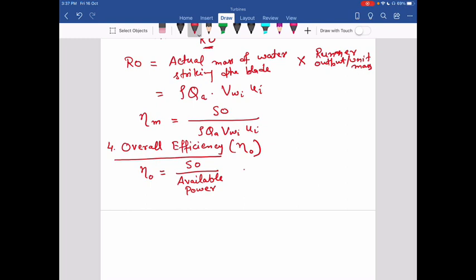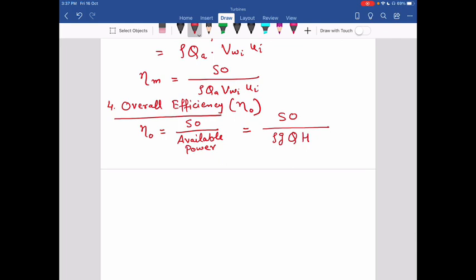I can write this as shaft output divided by the available power, which is WQH or rho g QH. Q is the total discharge and H is the net head.